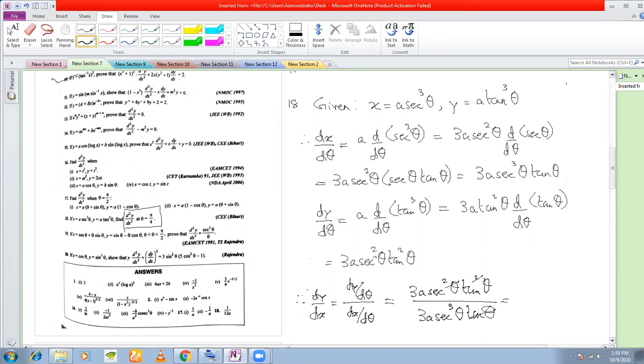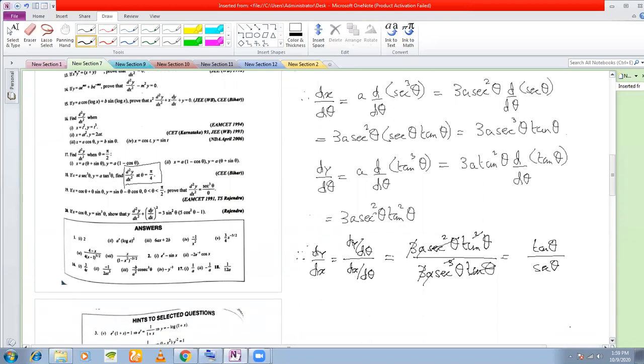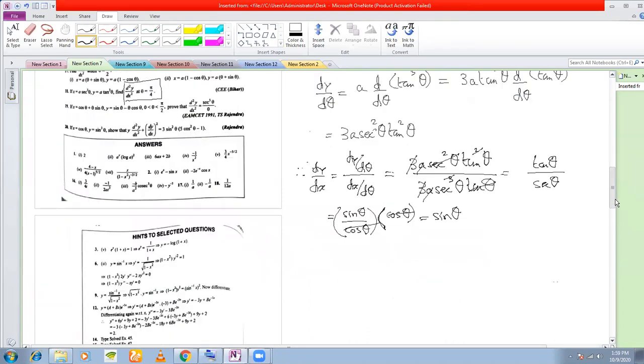Sec square will cancel, 3 will cancel, a will cancel. You are left with only tan theta by sec theta. Now you change everything to sine and cos. You get sine theta by cos theta into 1 by sec is cos. So this cancels, and you simply get sine theta. So dy dx you are getting is sine theta.